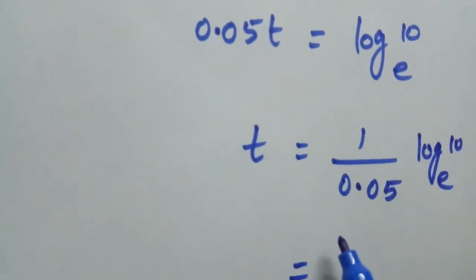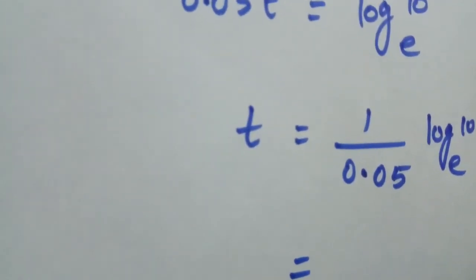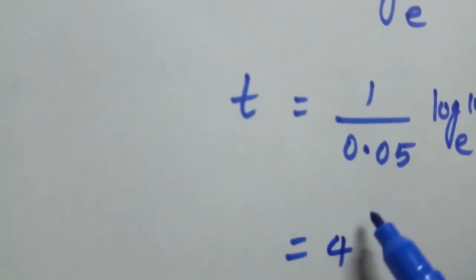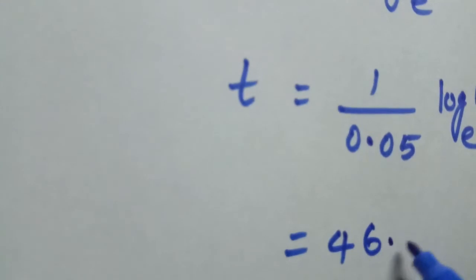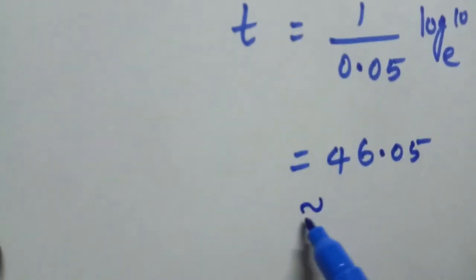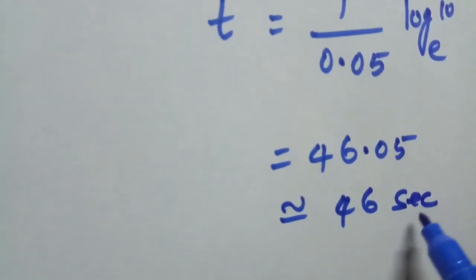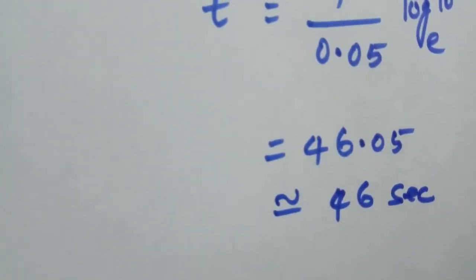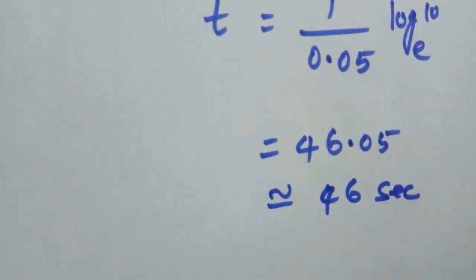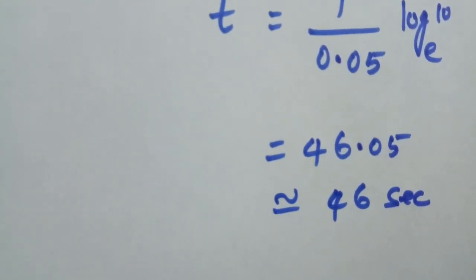Therefore, after simplifying, this value is equal to 46.05. Therefore, this is approximately equal to 46 seconds. So at a time t equal to 46 seconds, damping factor is equal to 1 by 10 of the initial value of the damping factor.